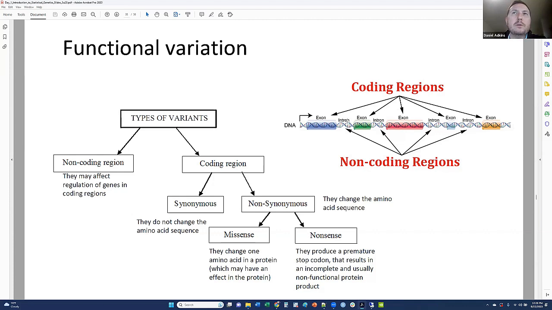So in some ways they're less important because they don't have direct consequences on protein production, but they often have regulatory functions. Oftentimes they get snipped out and serve as small RNA molecules that float around and have regulatory functions. But the exons are what actually get transcribed into RNA and translated into proteins.